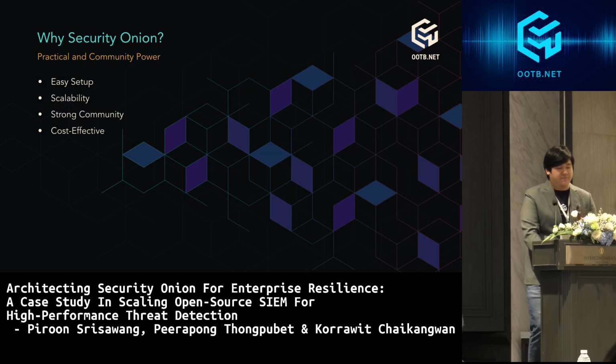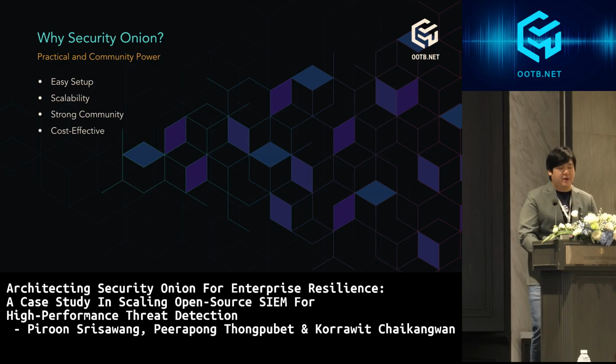Now, apart from being all-in-one, another reason why we chose Security Onion is what we call practical and community power. By practical, I mean the platform is simple and straightforward to work with, from deployment to scaling. It's designed to be usable without unnecessary complexity.